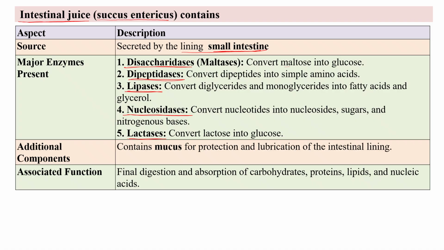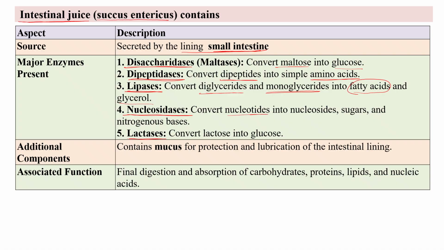Disaccharidases convert maltose to glucose. Dipeptidases convert dipeptides into simple amino acids. Lipases convert diglycerides into monoglycerides and monoglycerides into fatty acids and glycerol.